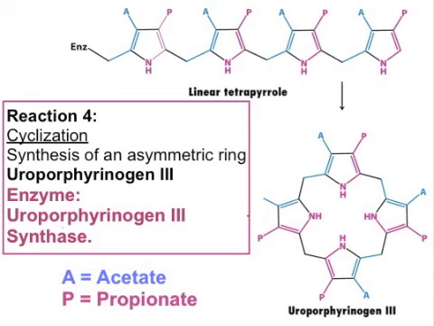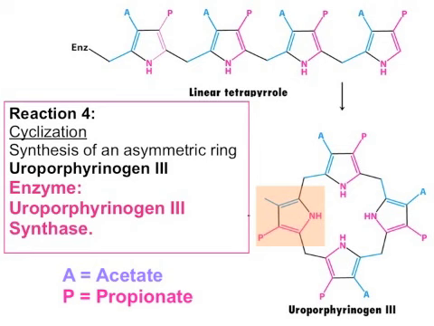Now, if you'll notice, there are 2 types of substituents that are linked to this ring, acetate and propionate, designated as A or P. If you'll notice the portion of the ring that's highlighted in orange, you can see that this is different with respect to the substituent's location, while the other pyrroles in the ring are acetate, propionate, acetate, propionate, acetate, propionate.